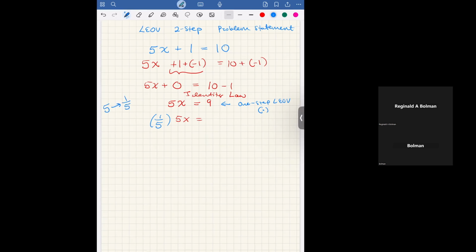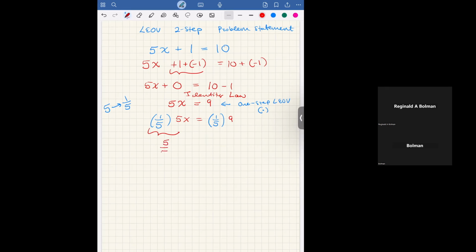Just flip the number. So if I multiply 1 over 5, the multiplicative inverse of 5, on both sides of my equal sign, what's going to happen here is you've got the multiplicative inverse set up on the left-hand side. You've got 5 times 1/5. That just gives you 5 over 5 x. X doesn't change, okay? X is always just staying x for these types of problems.